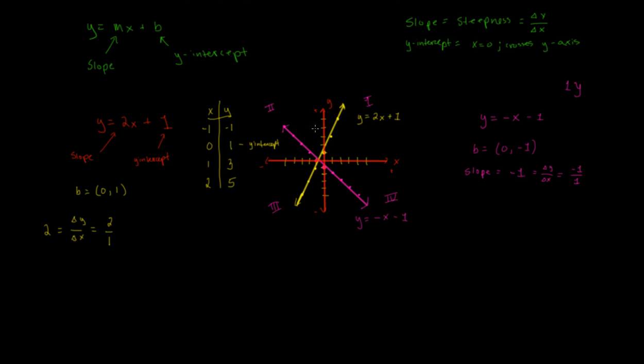All right, so we get a line here that goes negative if it's going from quadrant 2 to quadrant 4. If it's positive, it's going to start in the bottom left, quadrant 3, and work its way up to quadrant 1, or it rises to the right. A negative slope falls to the right, okay? So that is how you're going to graph a line using slope-intercept form.